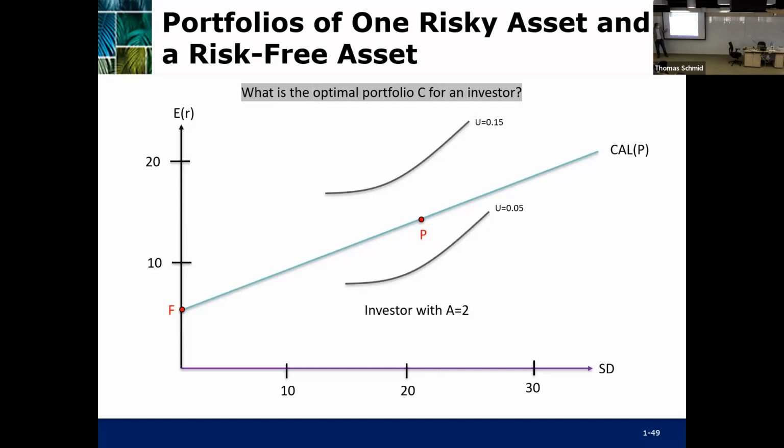So then, as you correctly said, the indifference curve that is as high as possible, and which is still realizable in our world, is the one that touches the capital allocation line in one single point. So this will give us the highest utility. And so we invest in the tangency point here.